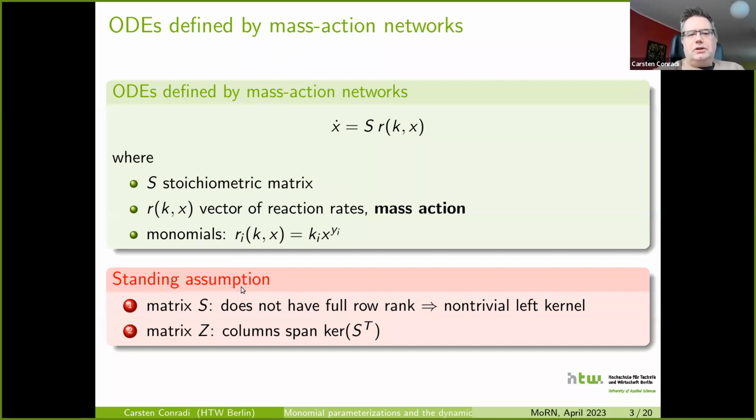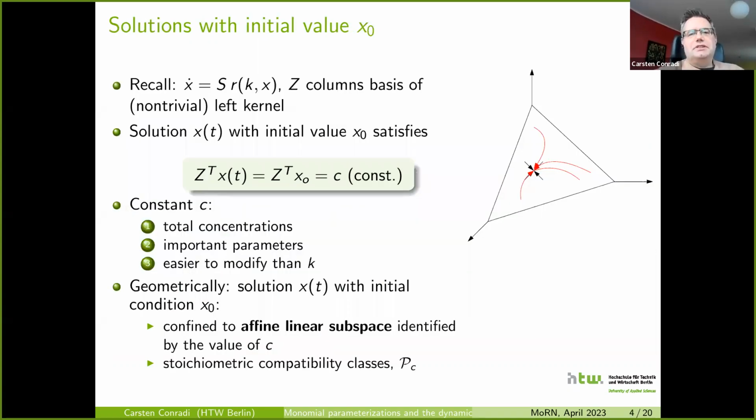Throughout the talk, I assume that the matrix S does not have full row rank, meaning it has a non-trivial left kernel, and that there consequently exists a matrix Z that spans this non-trivial left kernel. And this setting has a consequence concerning the solutions of the ODEs.